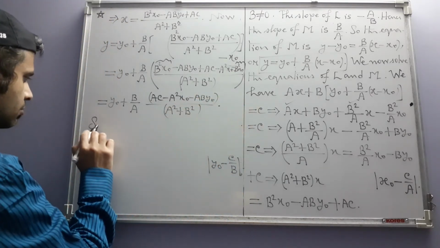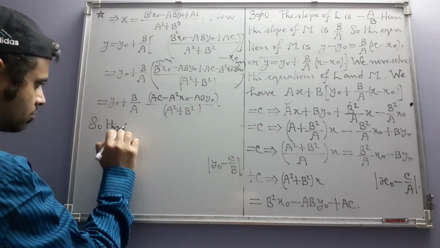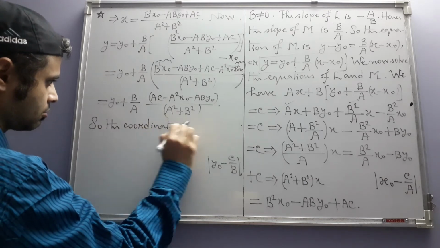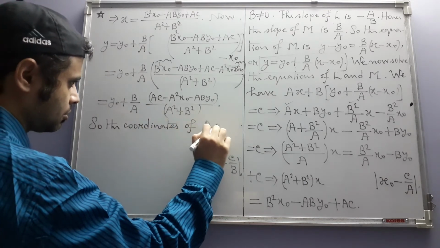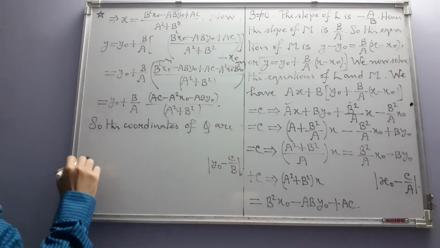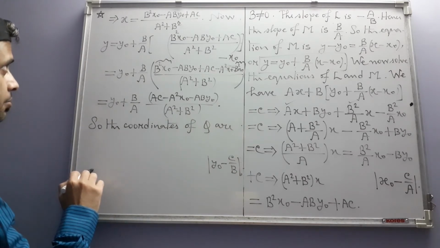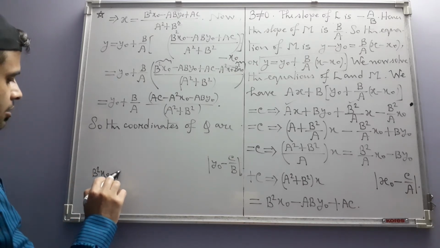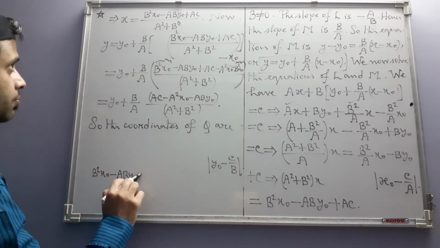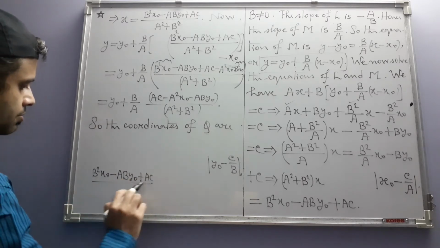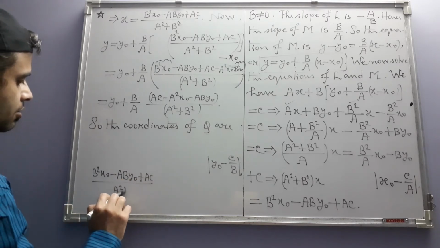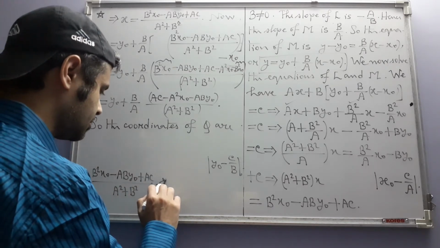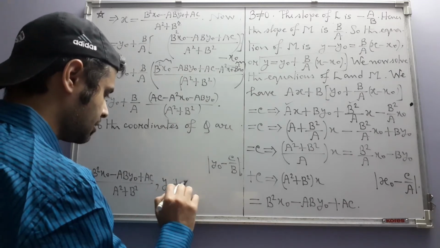So the coordinates of Q are, in this case, b square x naught minus a b y naught plus a c divided by a square plus b square, comma, it looks very bad, but it is what it is.